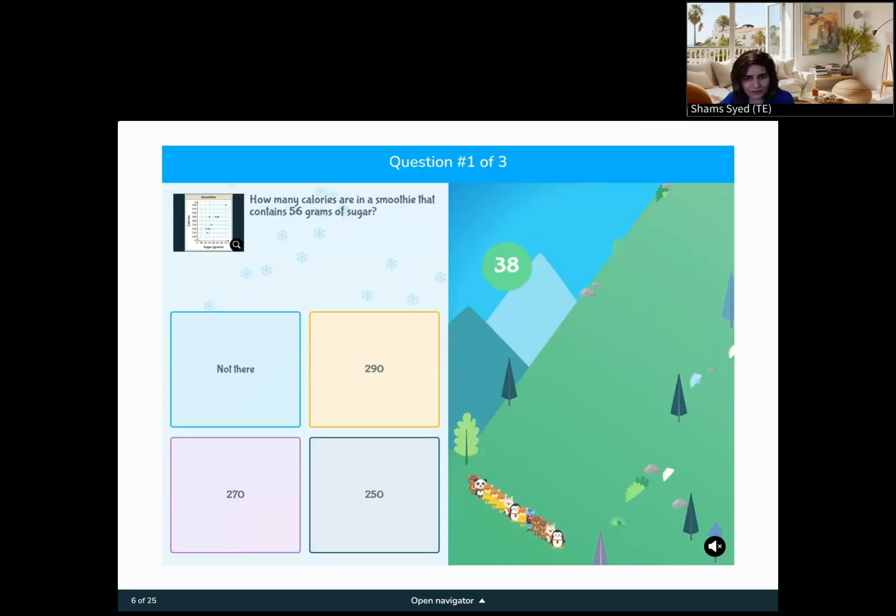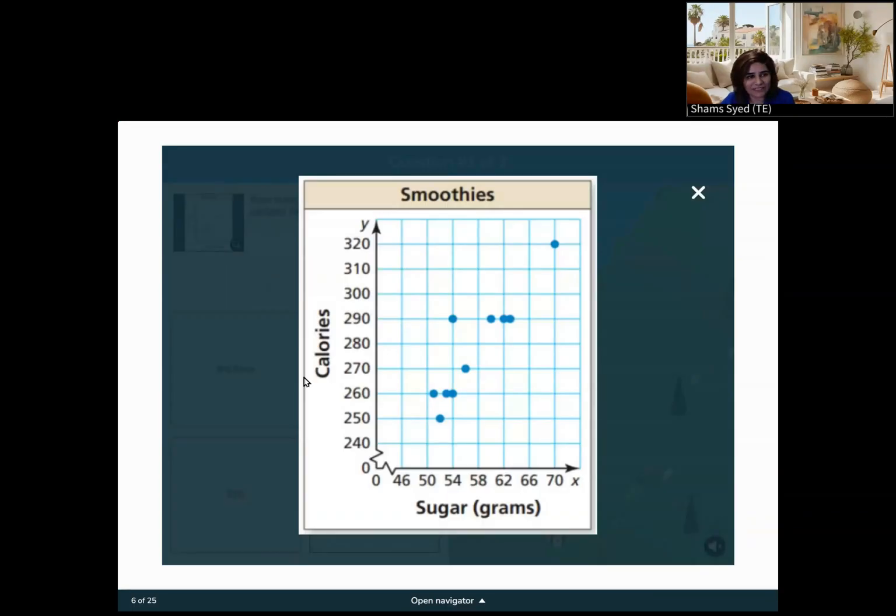Question 1. How many calories are in a smoothie that contains 56 grams of sugar?